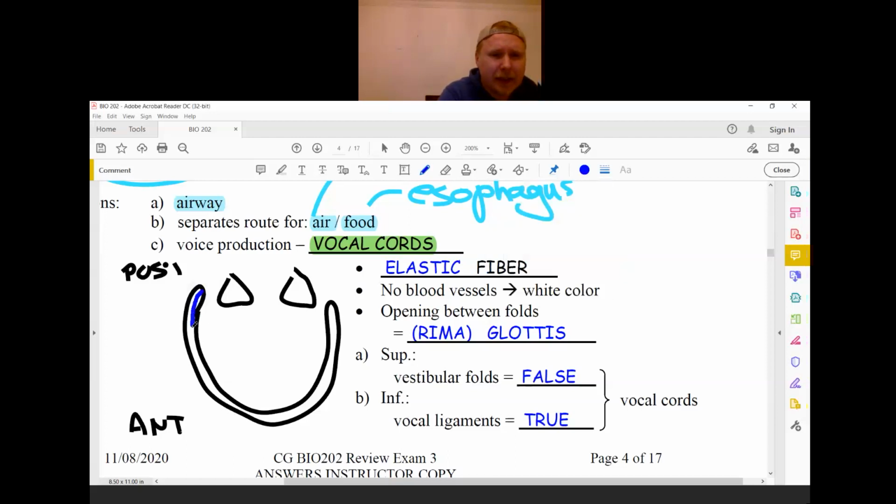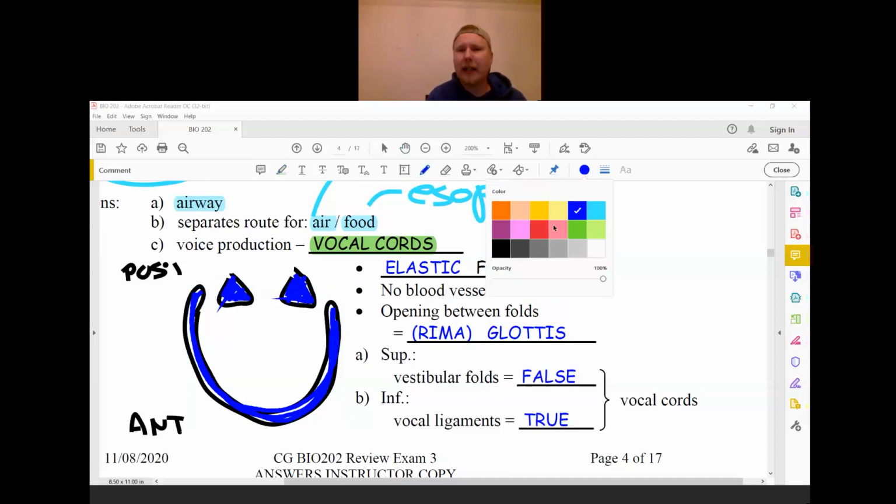So our thyroid cartilage kind of houses and encloses all these structures, and the arytenoids, as I mentioned them. And those are moved with muscles that help to move the arytenoids.